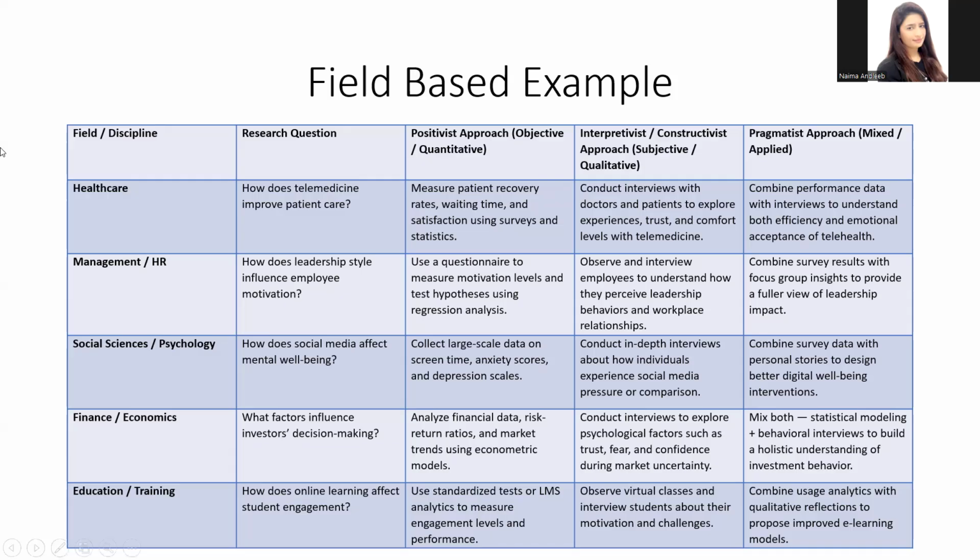So, for quantitative analysis, use standardized tests or LMS analytics to measure the performance, and then use interviews of the students, and after that combine analytics with qualitative reflections to propose improved e-learning methods.